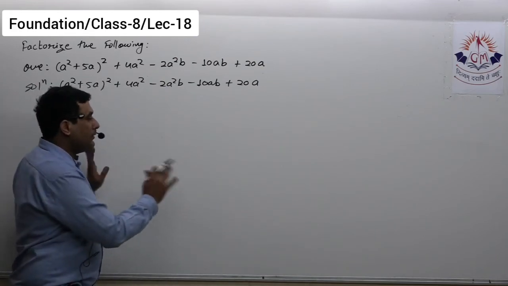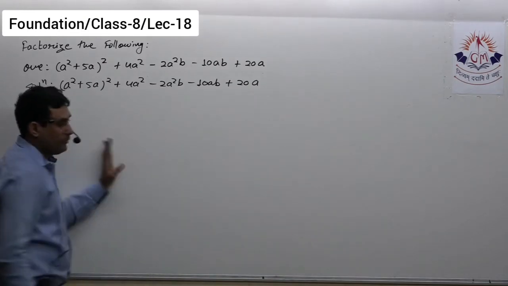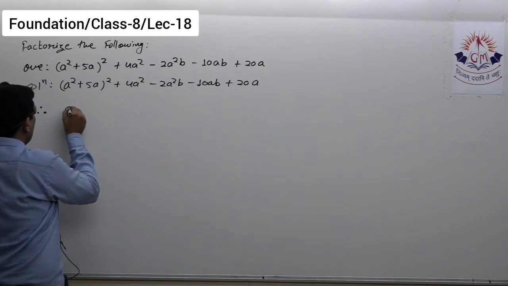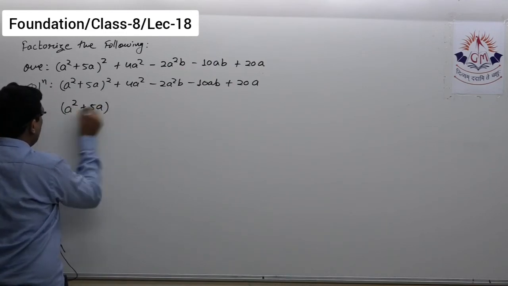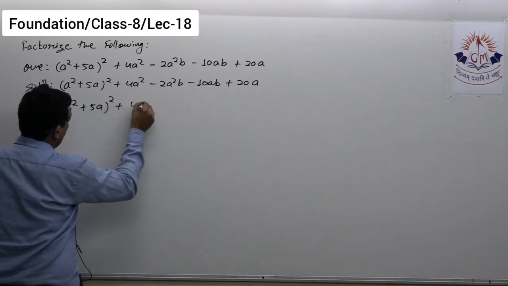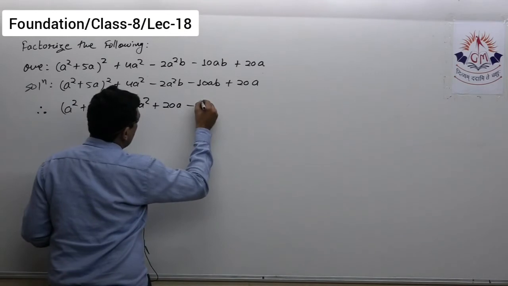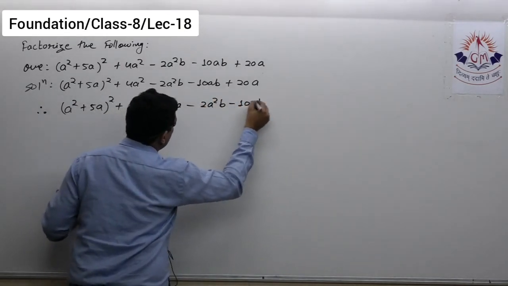And if those are equal to this, then it is possible to find the factors of this expression. Otherwise, we have to think in a different way. So here a square plus 5a, I write as it is. Here 4a square plus 20a minus 2a square b minus 10ab.